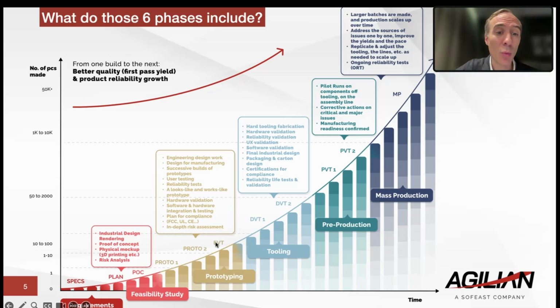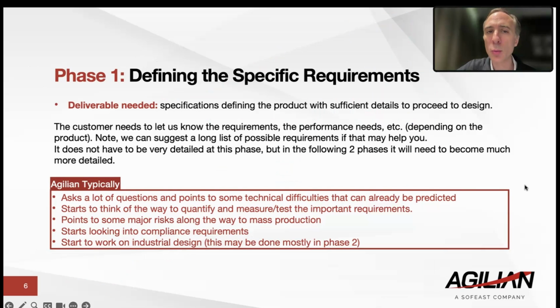Confirming that it actually works properly. Each build comes with more and more samples typically. So here, when there's tooling, maybe DVT1, DVT2 are done in higher numbers of units, and then it goes up again here and again here. Okay, let's cover this one by one.